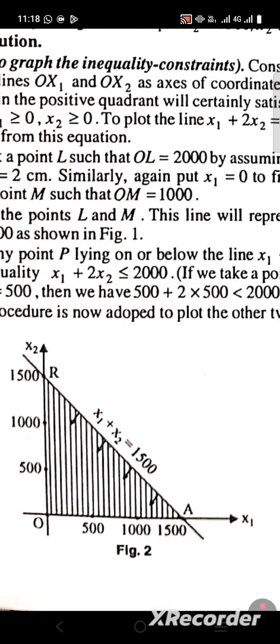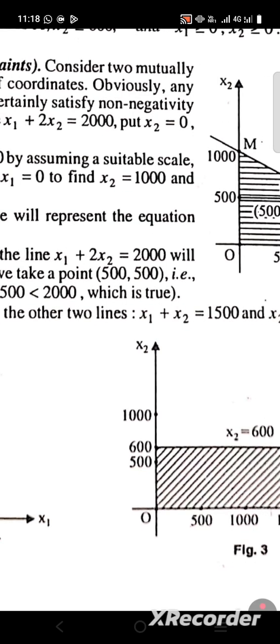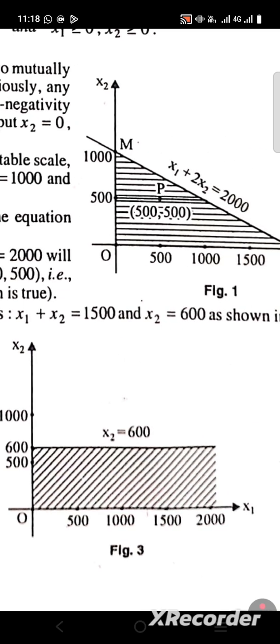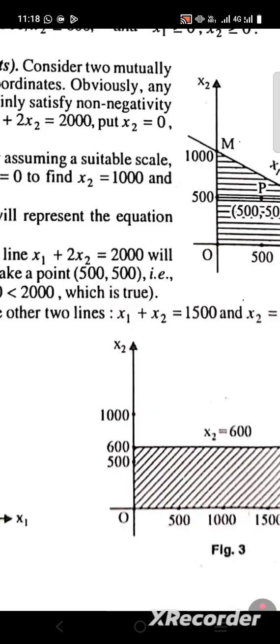Similarly, the procedure is now adopted to plot the other lines, that is x1 plus x2 equal to 1500 and x2 equal to 600, as shown in figure 2.